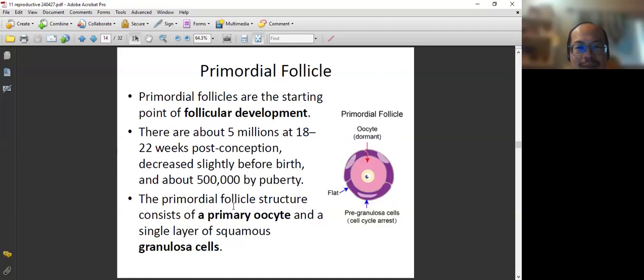Here is the primordial. In the primordial, you have oocytes surrounded by granulosa cells. These granulosa cells are immature ones, so they are called pre-granulosa cells. So you have about 500,000 before puberty or after birth, basically.